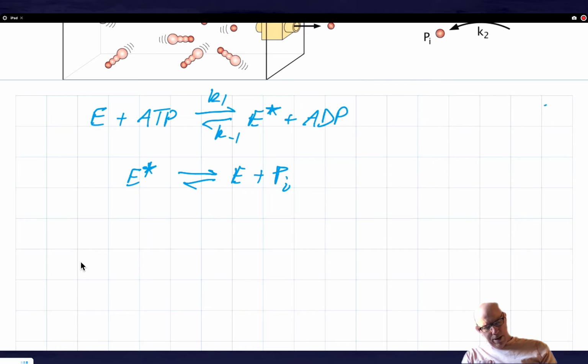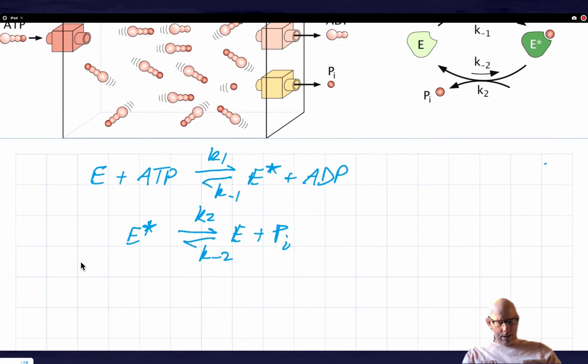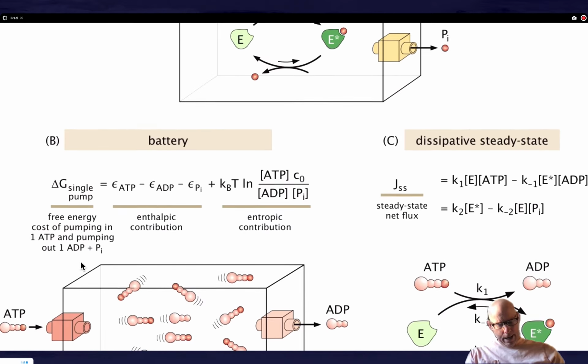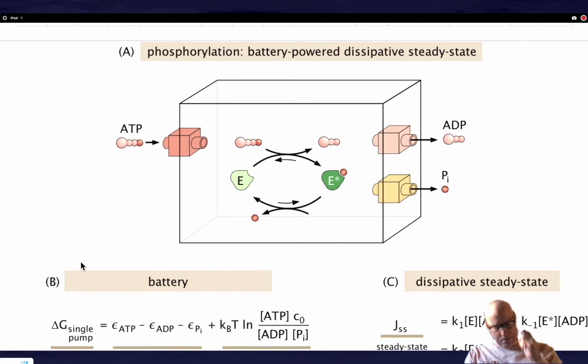I said this wrong at first. For this one, the forward rate is K2 and the backward rate is K minus 2. I'm going to refer to these two reactions as star and double star. Coming back to my diagram, let me label these. The forward rate was K1, the backward rate was K minus 1. Here, this rate was K2, and the backward rate was K minus 2.